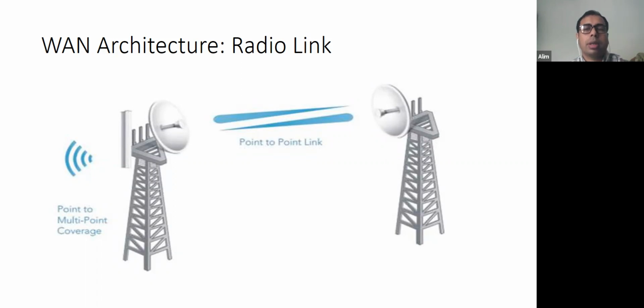Radio link normally connects your network at layer 2. And radio link can be point to multipoint. That means there is one central transmitting and receiving device, and there are multiple receiving and transmitting devices at customer premises. Radio link is very popular in many parts of the world, including here in our country.